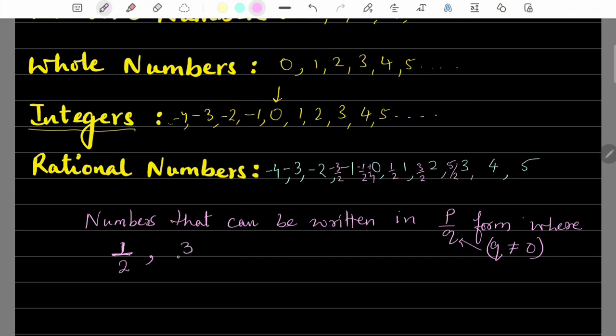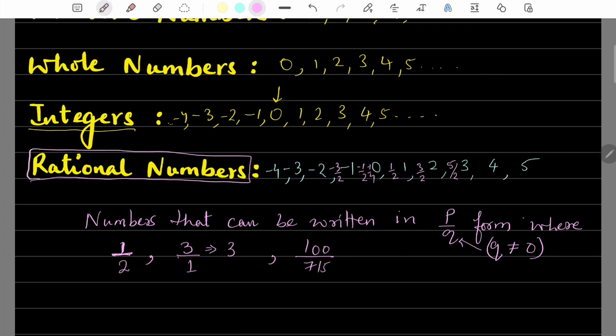You can have 3/1, which is equal to 3. So a whole number, a natural number, or an integer can be written as a rational number as well, like 100 over 715. Any number that can be written in the P over Q form is called a rational number.